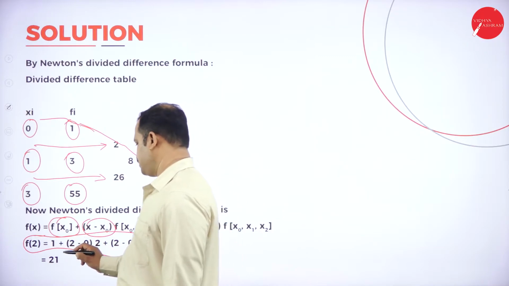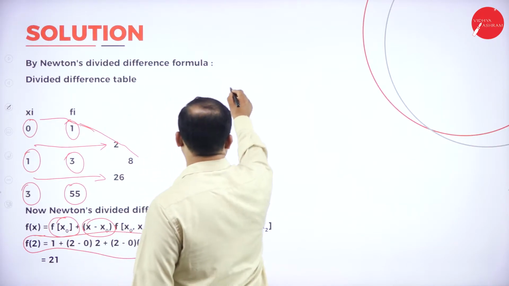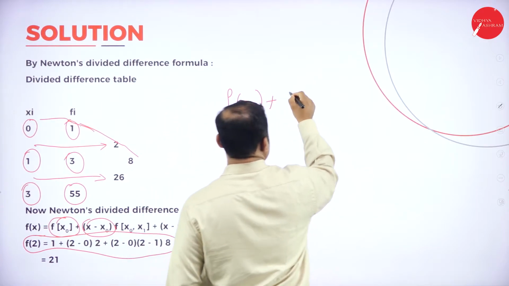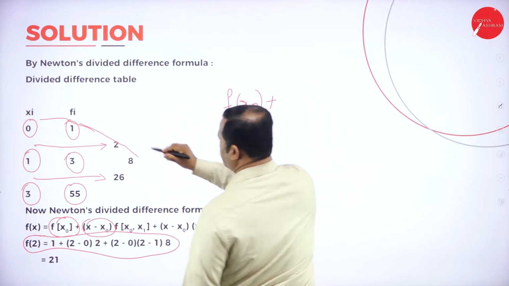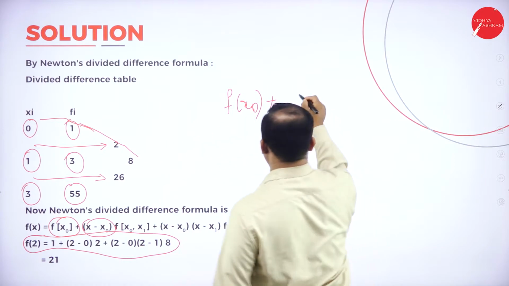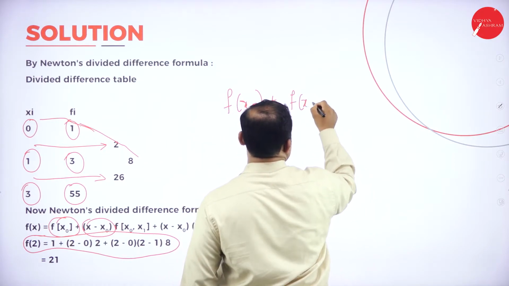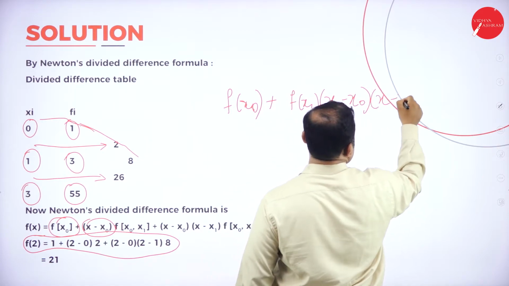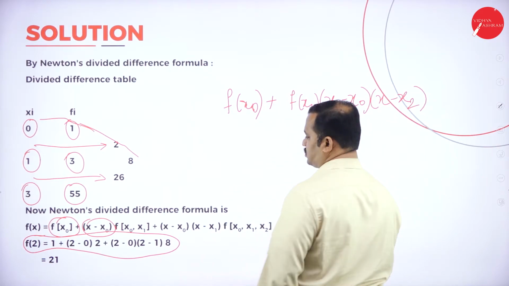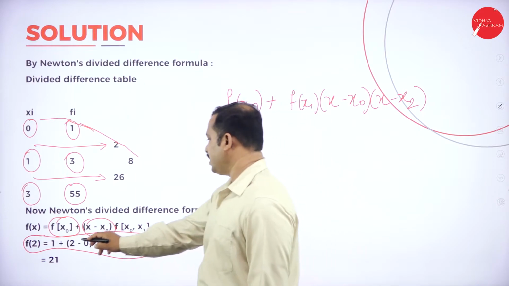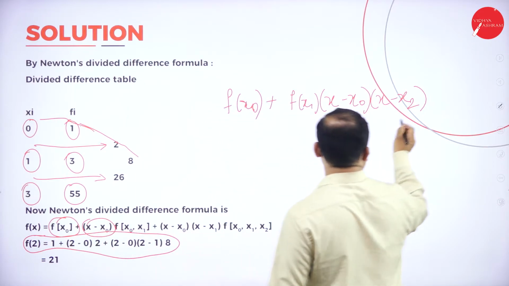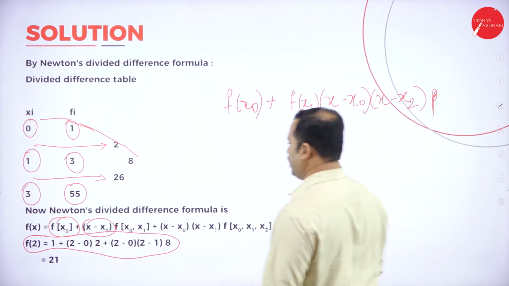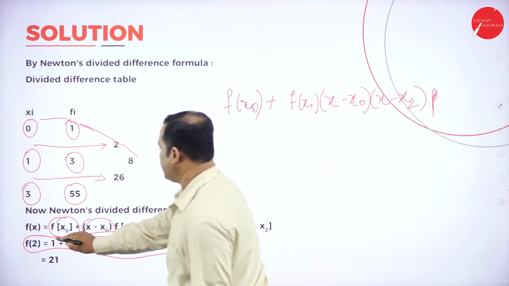We have the formula: f of x0 plus this term. What is that term? f of x1 into x minus x0 into x minus x2. It is x2. So we have the terms like this, multiplied by this term. Already it is multiplied. So what is the first term?